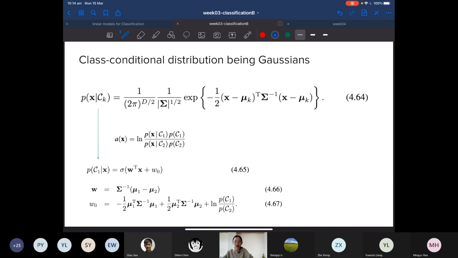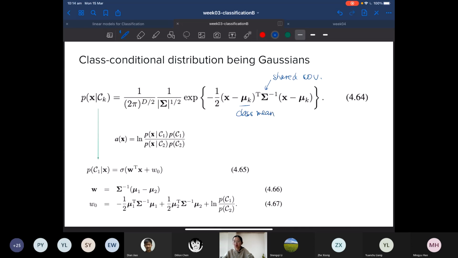P of X given C_k is some normalizer term and the exp of a quadratic term, X minus the mean of the k-th class, times the inverse of the shared covariance matrix. The covariance being shared here simplifies a lot of things. And then basically every class has a mean, right?